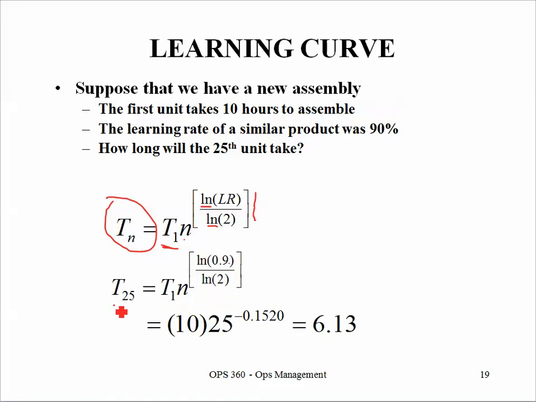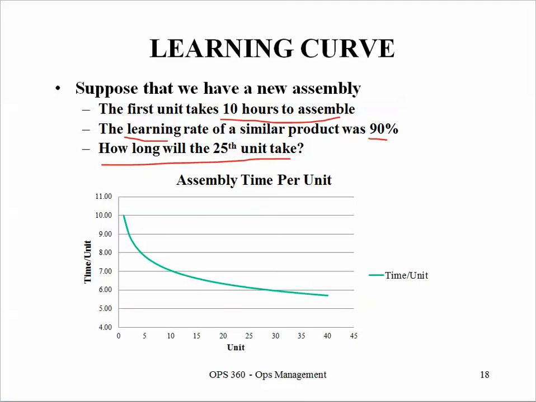If I want to know what time it took me to make the 25th unit, I raise 25 to that power. That power ends up being negative 0.1520, and multiply that times 10, and I get 6.13 hours, which is pretty much what I see here on this graph as a time required to make the 25th unit.